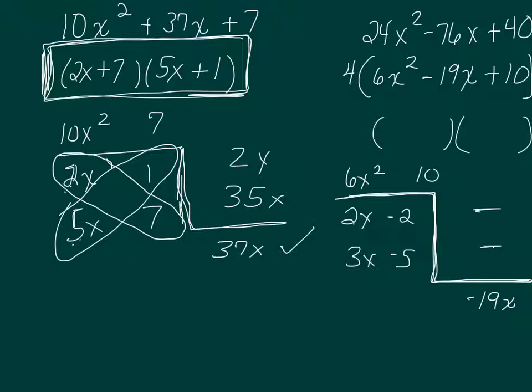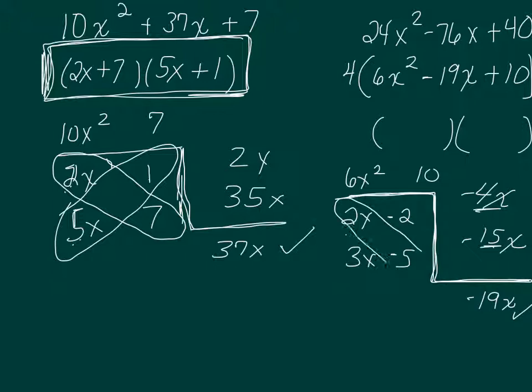just because a negative 5 and a negative 2 is a positive 10. So 2x times negative 2 is negative 4x. And 3x times negative 5 is negative 15x. Fortune smiles upon us because negative 4 and negative 15 is negative 19. So that's what we need.